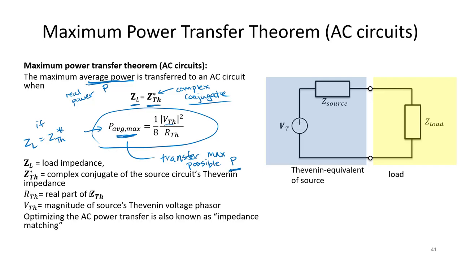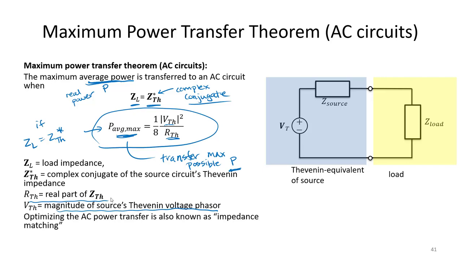Notice in the numerator we have the magnitude of the source's Thevenin voltage phasor squared divided by R_TH, which is the real part of our Thevenin impedance. So there's a lot of similarity here between DC circuit maximum power transfer and AC circuit maximum power transfer.